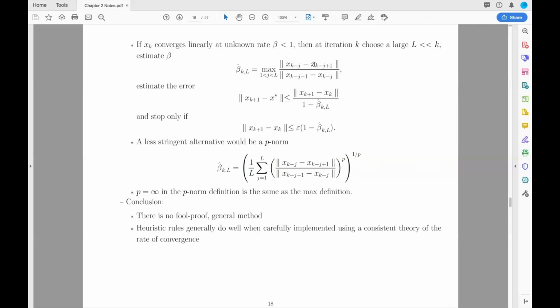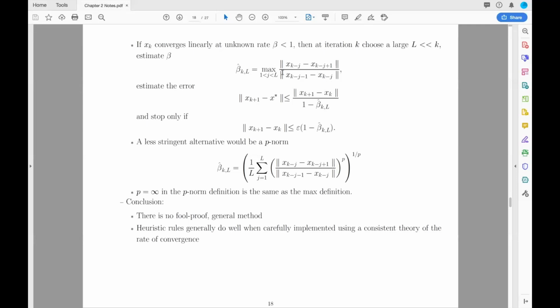So this is one of the errors, and then this is divided by the previous iteration's error. So we look at the ratio of the change in iterate k minus j divided by the change in the k minus j minus 1 iterate. We know that asymptotically these ratios should be less than beta for some beta. We don't know what the beta is.